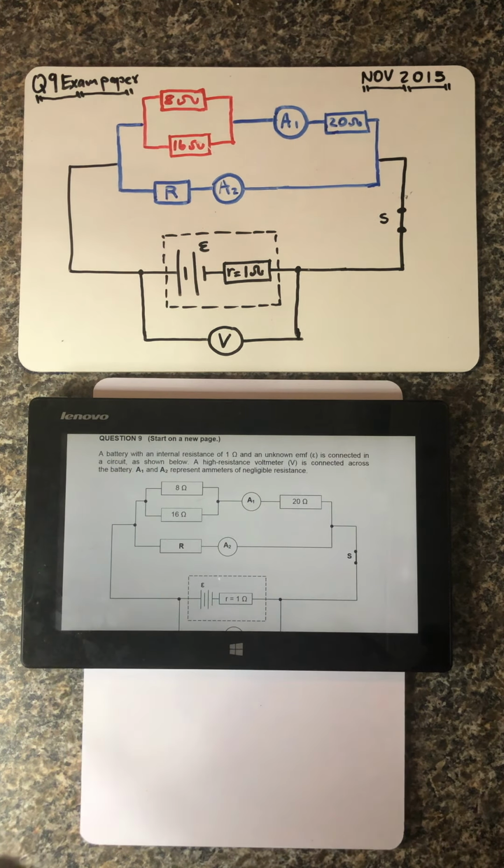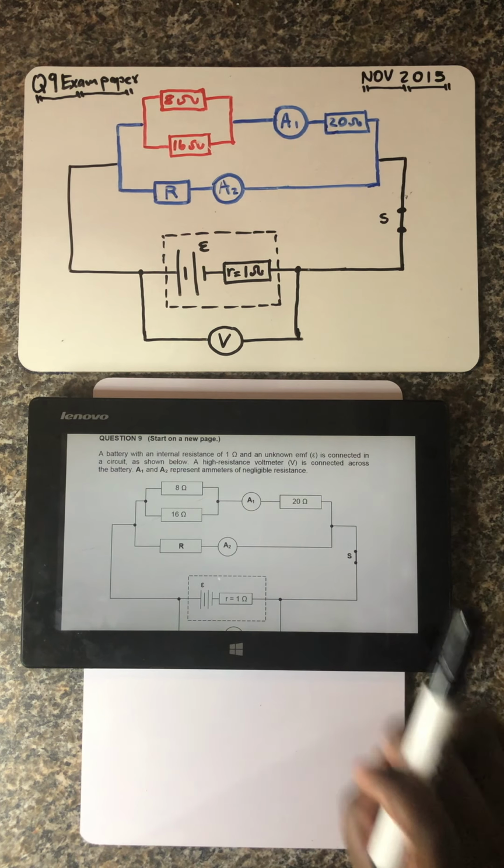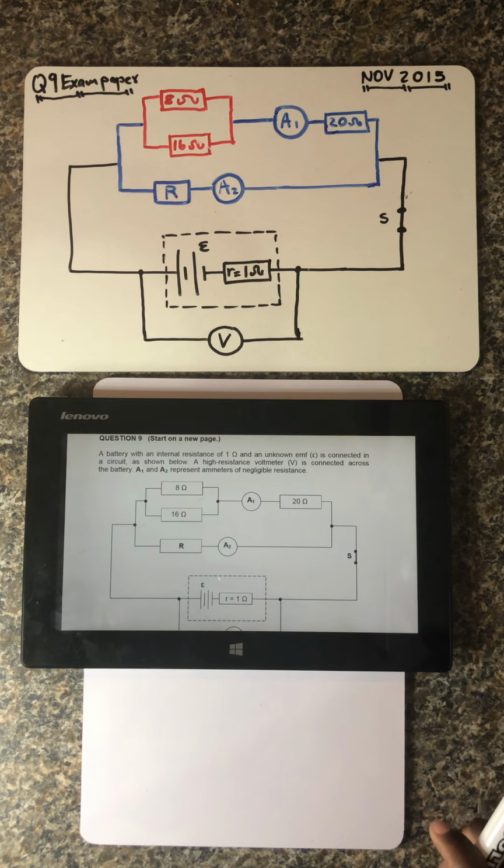As you can see, I've tried to draw that circuit there. Remember at all times, what I draw by hand doesn't necessarily mean it's drawn to scale, and it shouldn't in any way be compared to the diagram given on the question paper. I was just trying to draw it such that it looks almost the same.